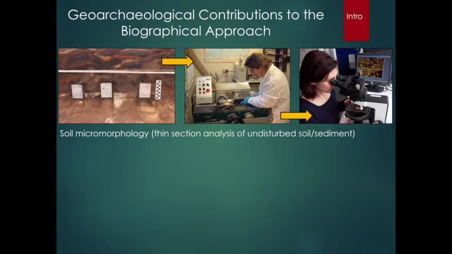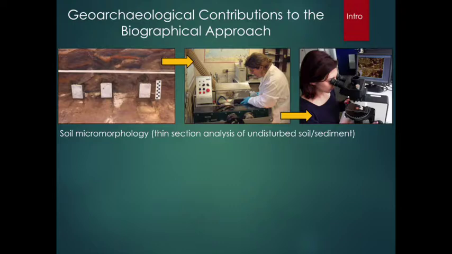And you see it in its original context, in its original location and orientation, because it was an undisturbed sample. So this is one of the things that makes the technique so powerful. And the skills you need to analyze that aren't any different from the skills you would need to analyze a petrographic thin section. There are just a few different components to understand in terms of soils.